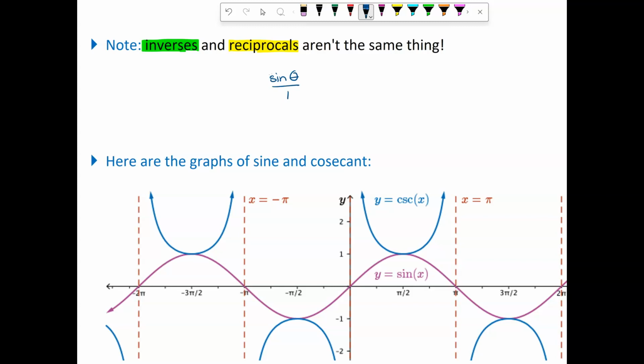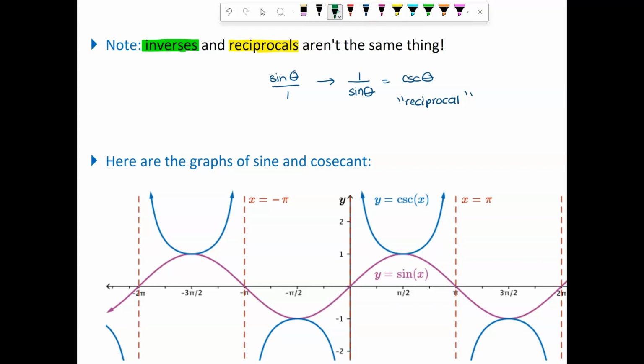Everything is a fraction. It's just over 1. So when we take the reciprocal of it, it becomes 1 over sine of theta, okay? Which is, as we know, the reciprocal trig function of cosecant theta. And that's why we call these reciprocal trig functions.